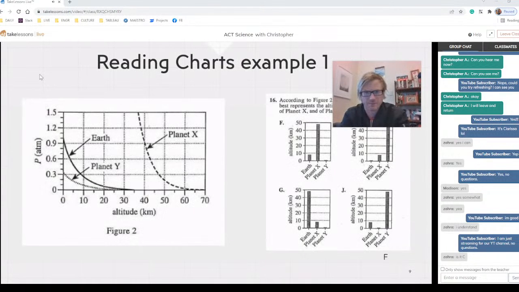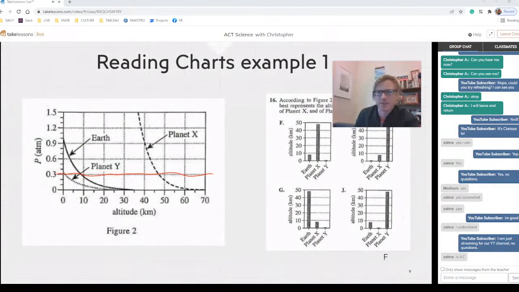Let's try another one. Number 16. According to figure 2, which of the following graphs represents the altitude above the surface of Earth, planet X and Y at which P equals 0.3? So they ask about 0.3. Because they ask about 0.3, in your mind, you can draw a line straight across at 0.3, okay?